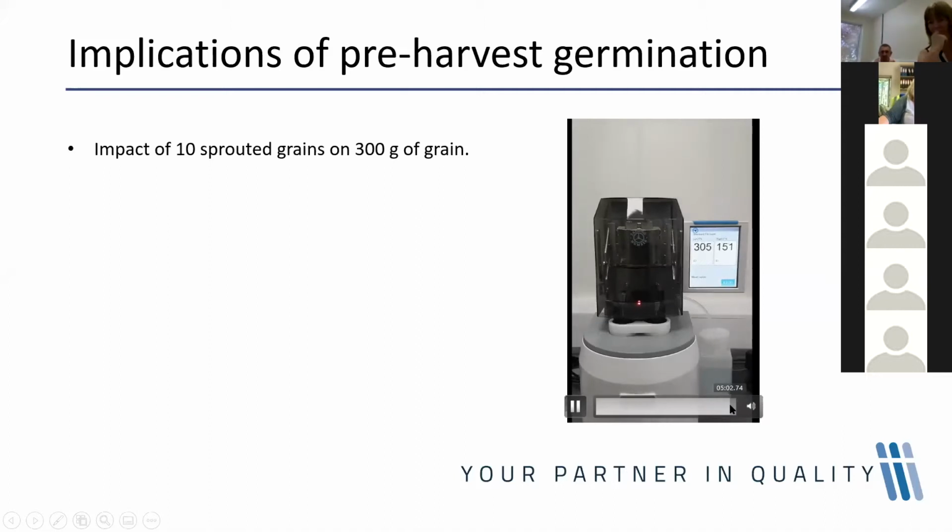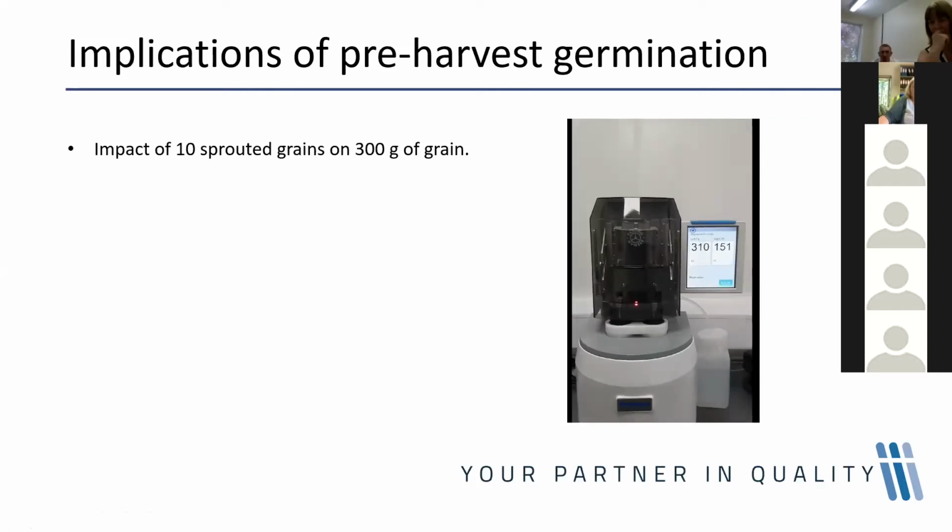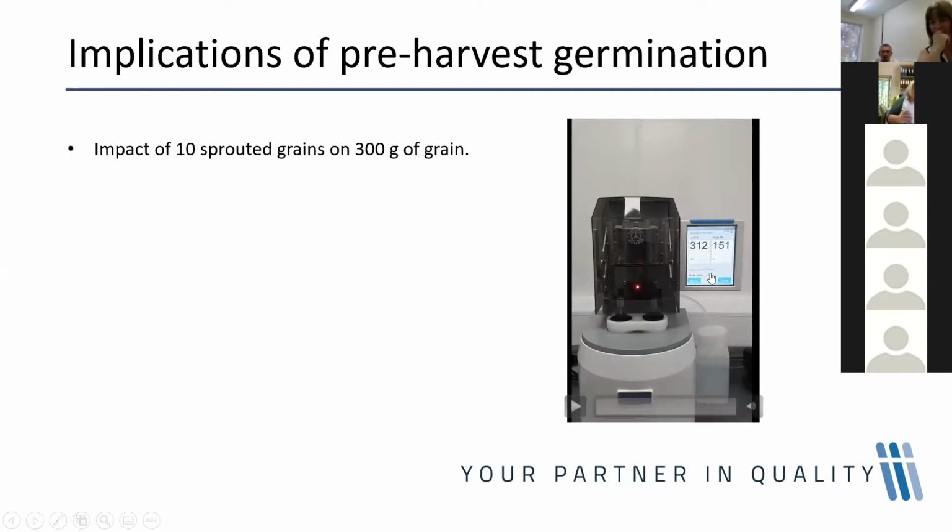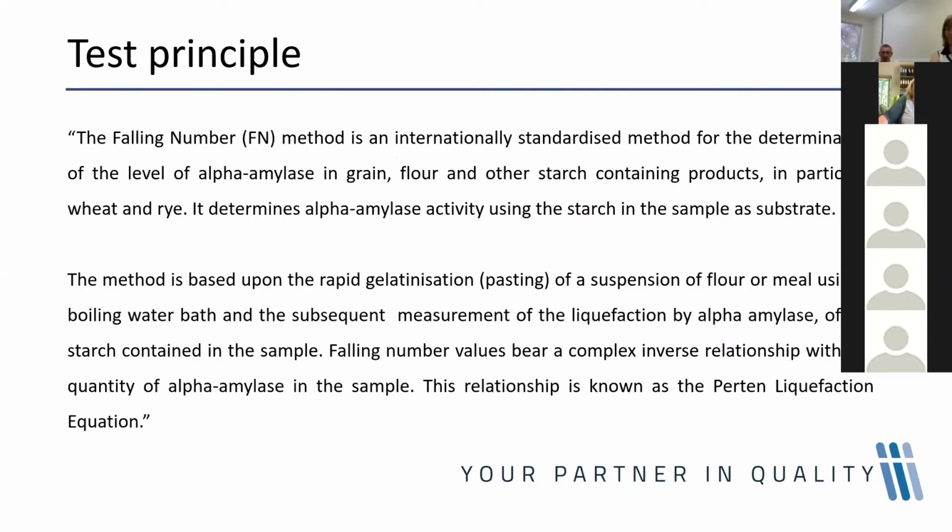So you can see just how significant an effect having just 10 sprouted grains out of a total of well over 6,000 grains, which would typically be held in a 300-gram mass. The stirrer on the left showing you the results from your sound grain, and the stirrer on the right showing you what the impact of those 10 sprouted grains is. So you don't need to have a substantial amount of sprouted grain to spoil a good batch of grain.